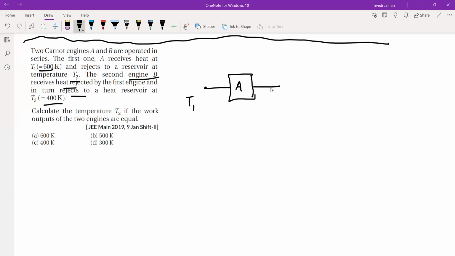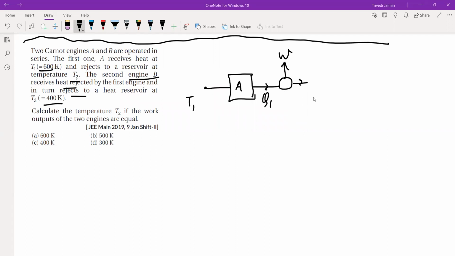Then here heat supplied, let's take Q1. It gives work. Then exit what?